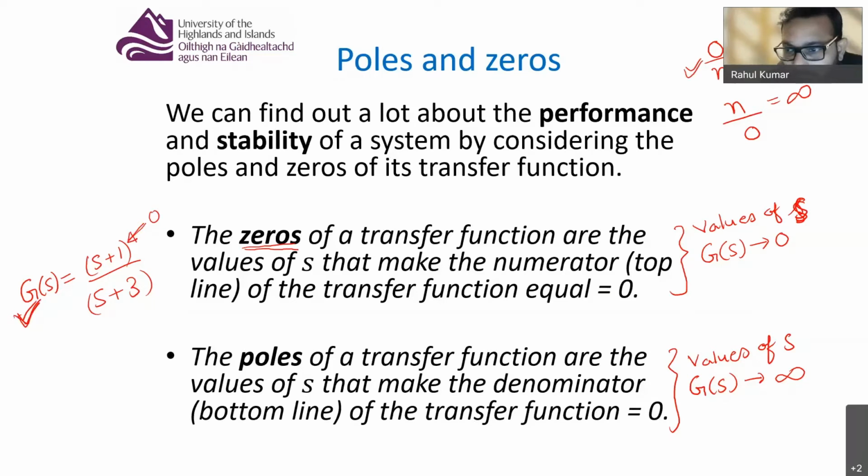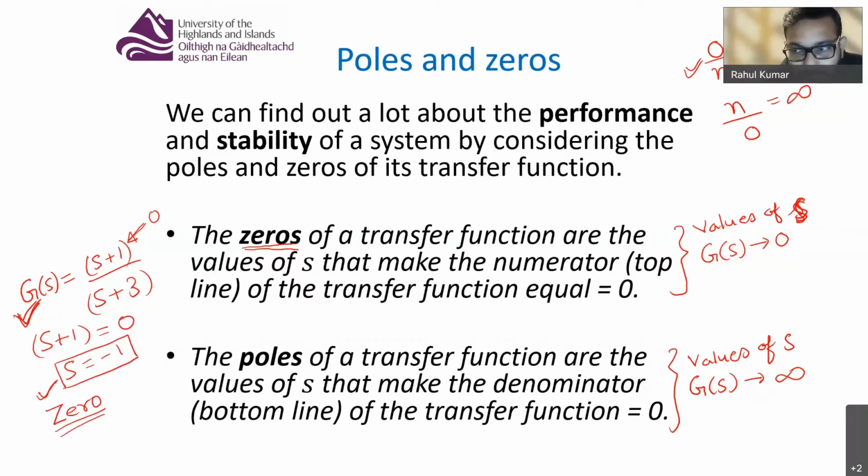So in this example, if s plus 1 becomes equal to 0, then my transfer function will be 0. So the value of s is minus 1. This value of s will be called a zero. So for the given transfer function, I have a zero at s equal to minus 1.